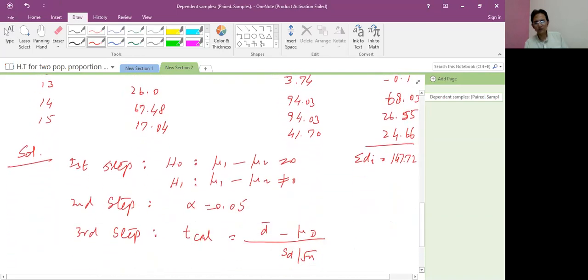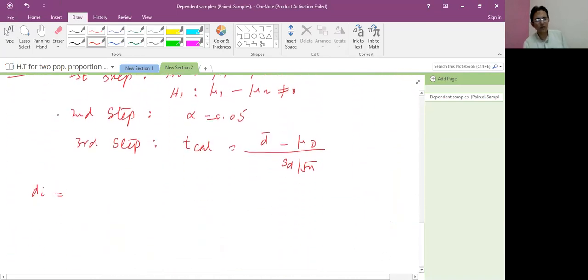So what is d bar? D bar is summation di upon n. n is 15 because 15 deer data is given in the question, and summation di is 147.72. If you divide both, the answer is 9.848.